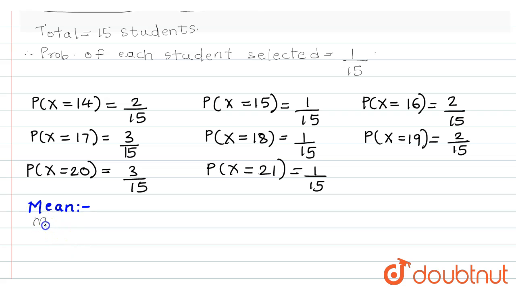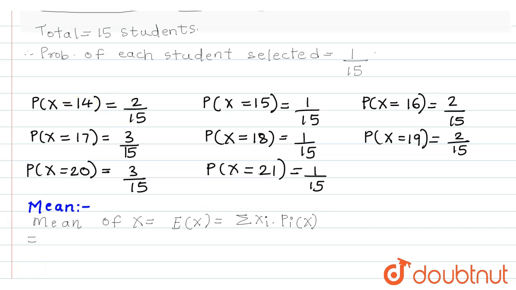We know that the mean of x is denoted by E of x, and it is nothing but the summation of xi into pi of x. So simply we have to do the summation, which is equal to the summation of xi and pi. Xi means the classes and pi means the probability.